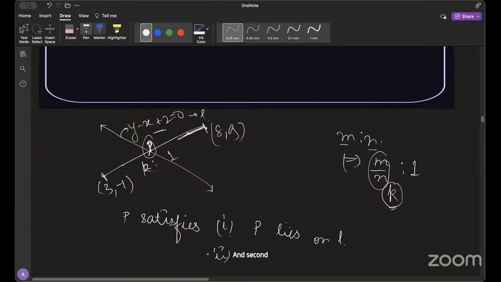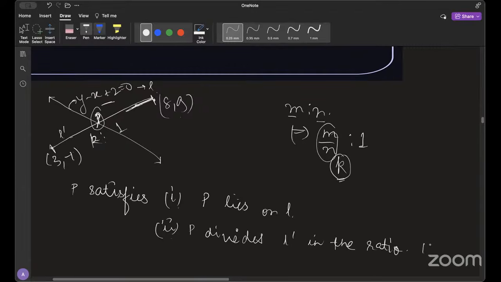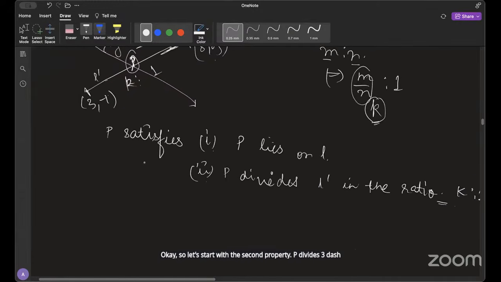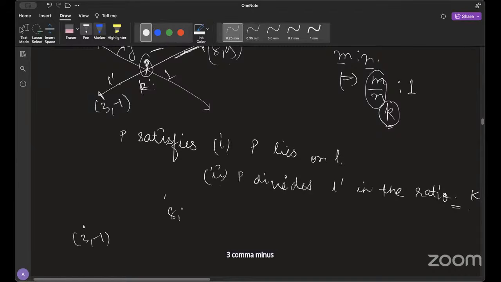And second, P divides this line segment, let's call it L dash, in the ratio k is to 1. These two properties P satisfies, right? So let's start with the second property. P divides L dash, with endpoints (3, -1) and (8, 9), in the ratio k is to 1.